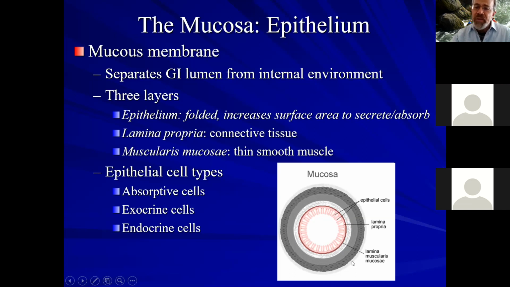Now, we've already spoken about the muscularis externa, which is way out here, right? And that's involved in peristalsis and segmentation, moving food through the tract. The muscularis mucosa has more of a local effect, helping to break down food locally to kind of maximize the absorption.